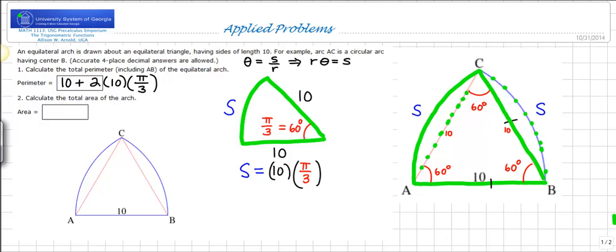Okay, to get the area, you could take the area of the entire sector I just noted. I don't want to draw over this too much, but that would take care of all of this. But then I would still need this little missing piece off to the side.